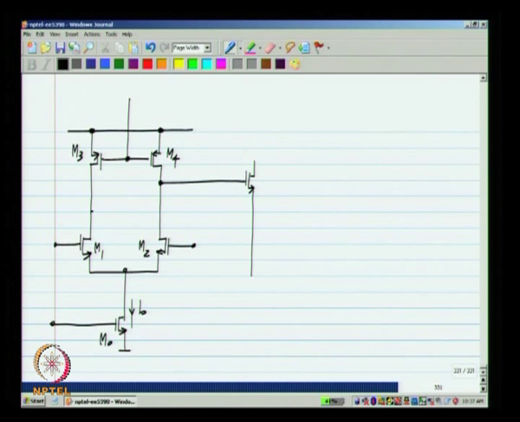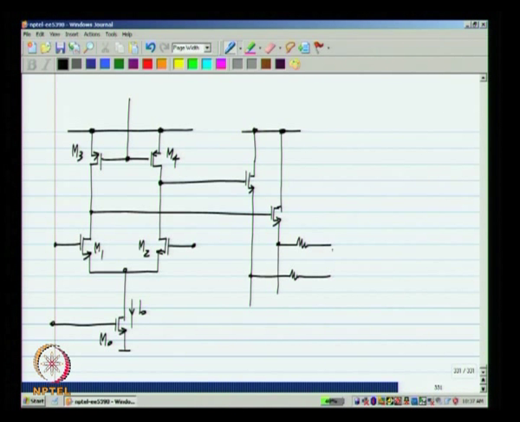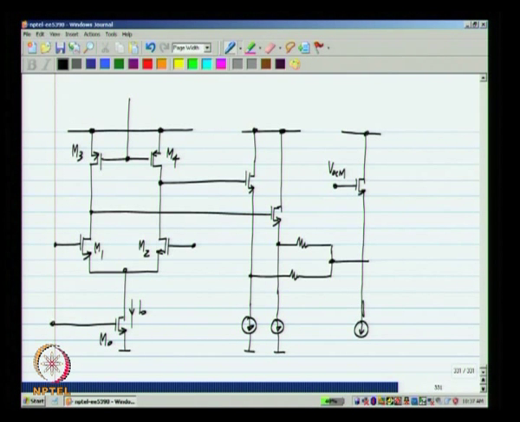I will draw it slightly differently from before. I will show these as current sources, but it is understood that you make them using MOS transistors.